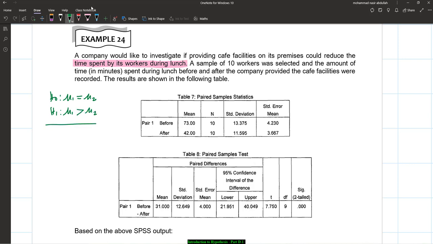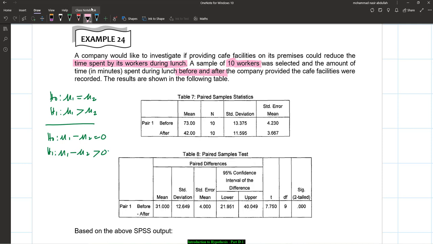So we can put it in a proper way: null hypothesis mu1 minus mu2 equal to 0, alternative hypothesis mu1 minus mu2 is more than 0. A sample of 10 workers was selected and the time in minutes spent during lunch before and after the company provided the cafe facility was recorded.